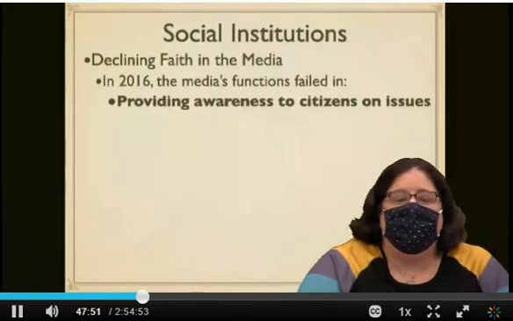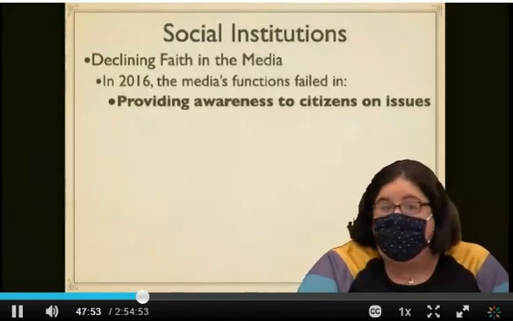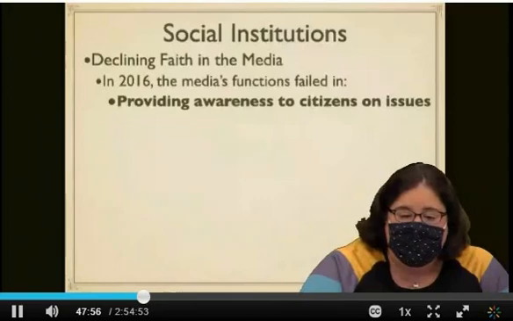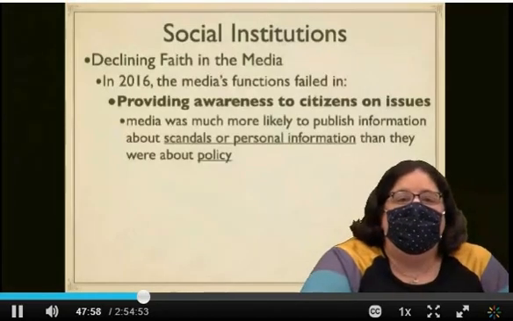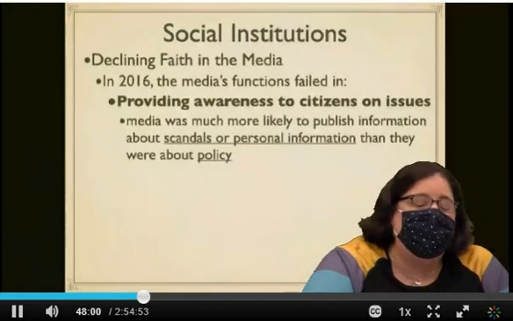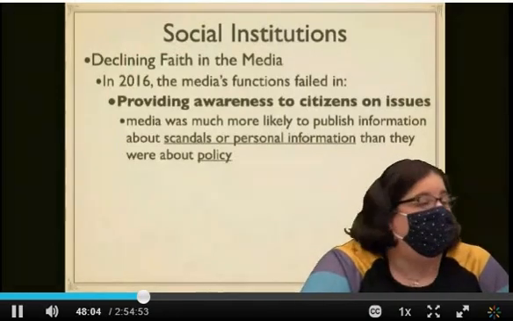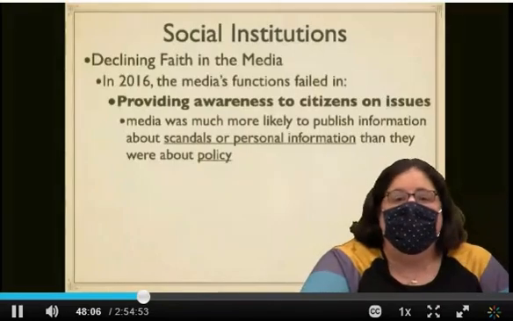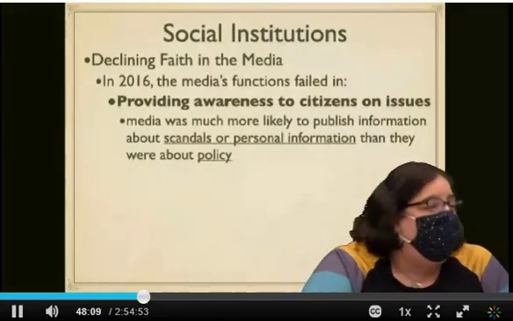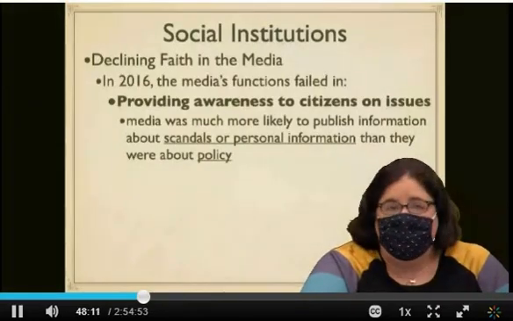The first function of the media is to provide awareness to citizens on issues. Well, it turns out that the media was statistically significantly more likely to publish information about scandals or personal information about the candidates than they were to publish information about the policy positions of either candidate, right?